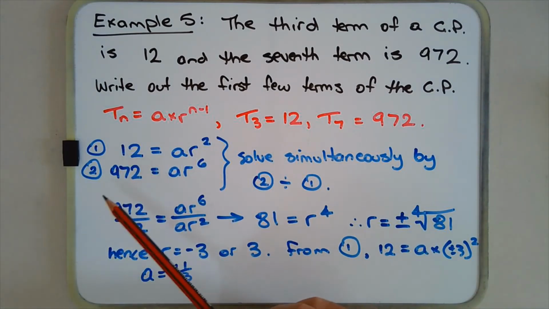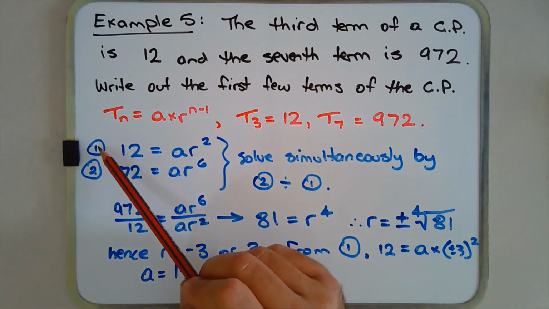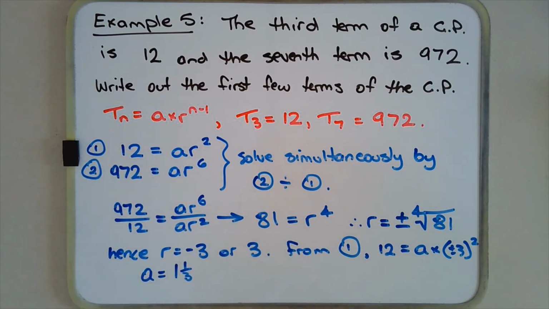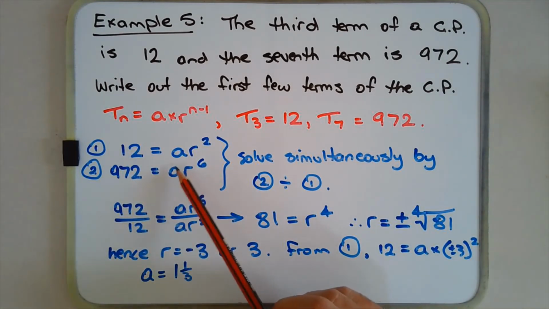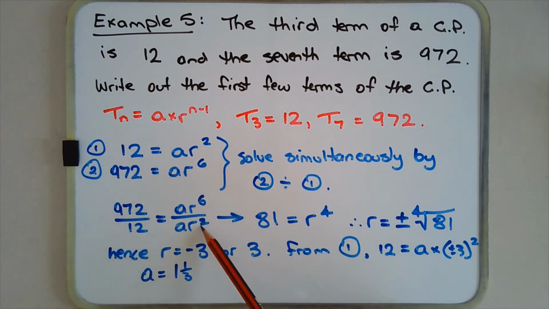Then dividing equation number 2 by equation number 1, we can solve for r, then we can solve for a. So 972 divided by 12 is equal to a r to the power of 6 divided by a r squared. Now the a's cancel. We have r to the power of 6 divided by r squared is equal to 972 over 12. 81 is equal to r to the power of 4.